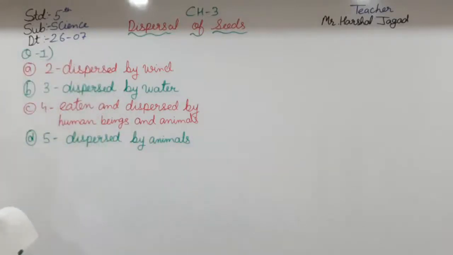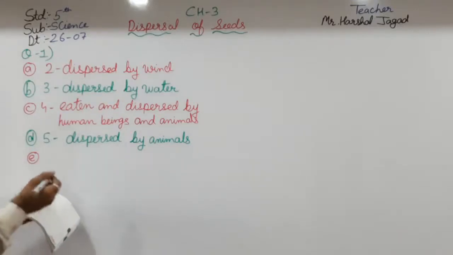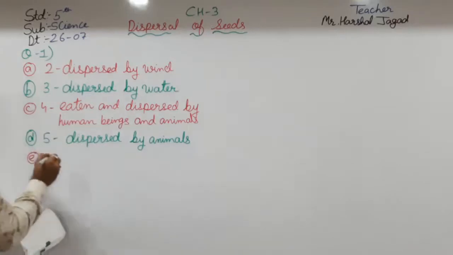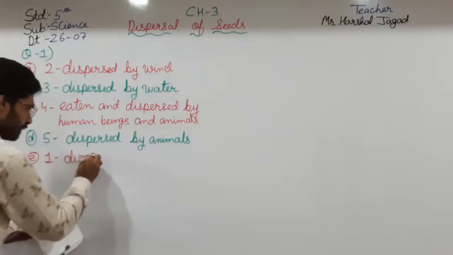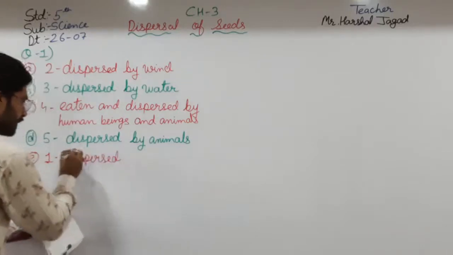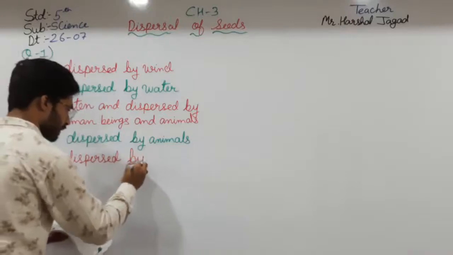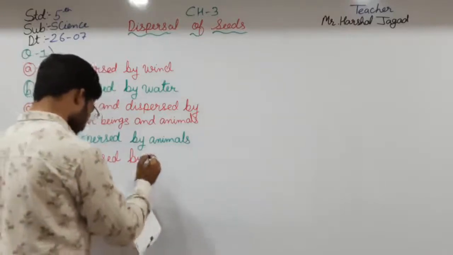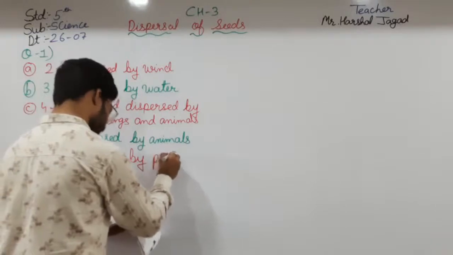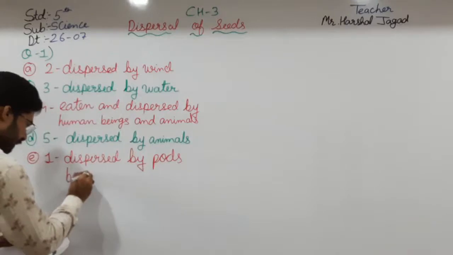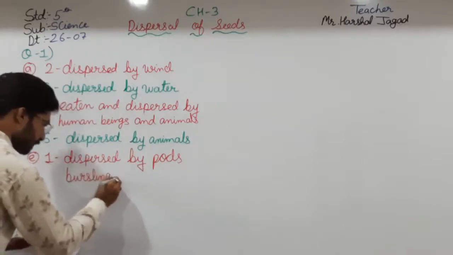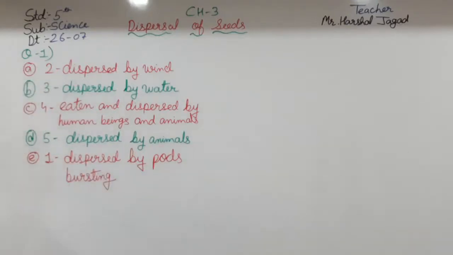Then E, that is peas. So this is the last one, that is the first, dispersed by pod bursting. So please write down the answers, students.